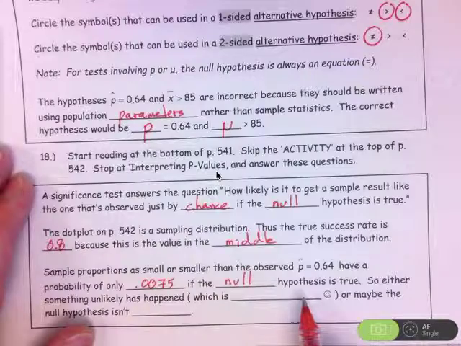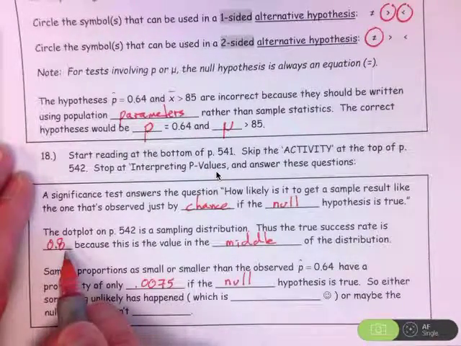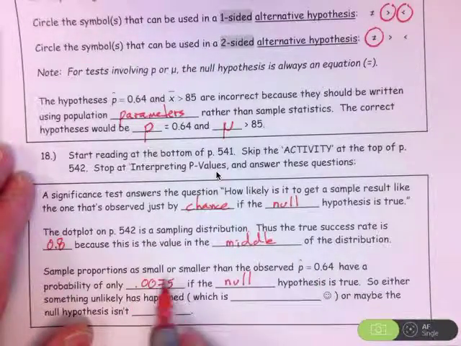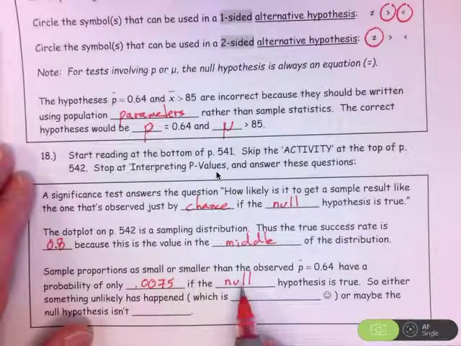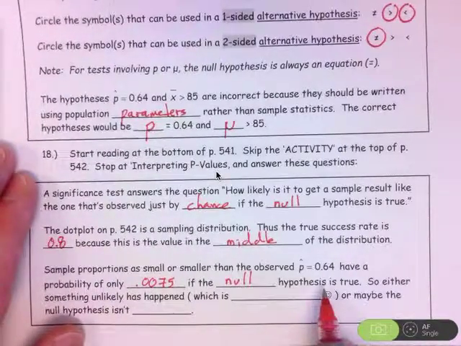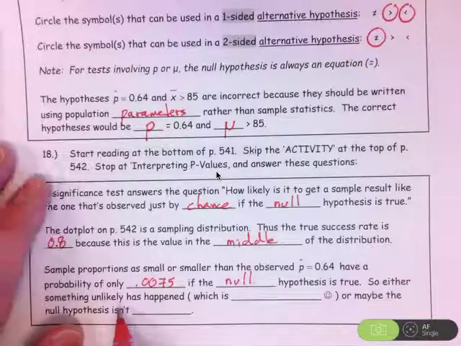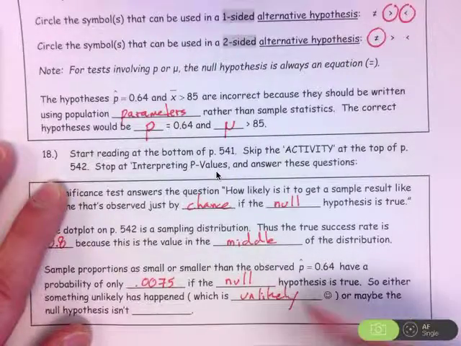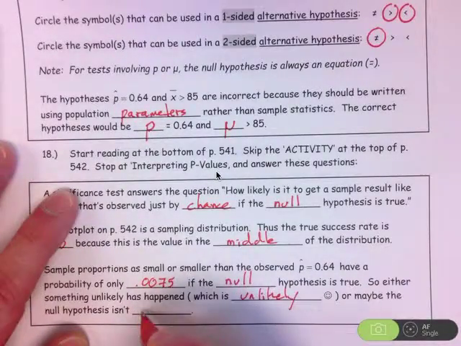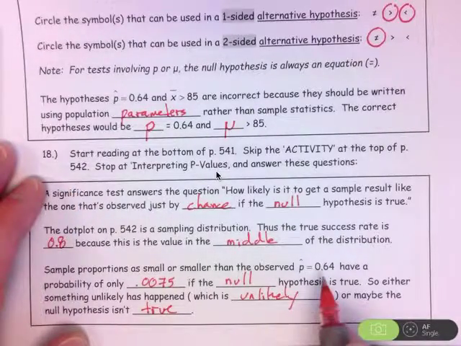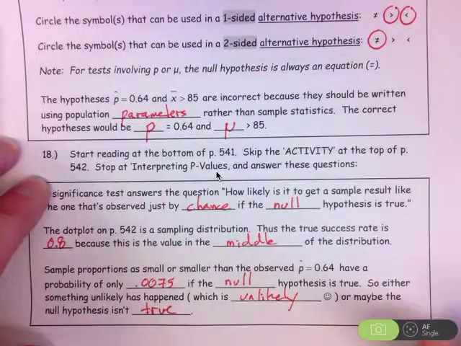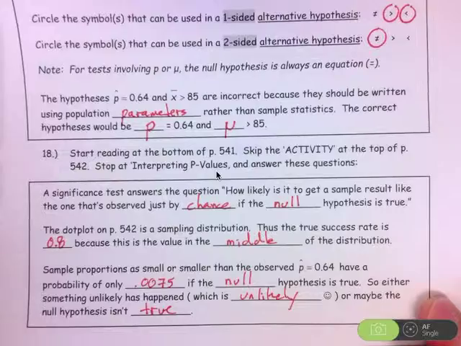So understand, if you think the null hypothesis is true, that statistic, or something even more extreme than that, only happens with this likelihood if that 80% is true. So either something unlikely has happened, or maybe the null hypothesis isn't true. Maybe our statistic is giving us evidence that the null hypothesis isn't true. Maybe it's the alternative hypothesis that in fact is true. That's really the basic logic behind significance tests.